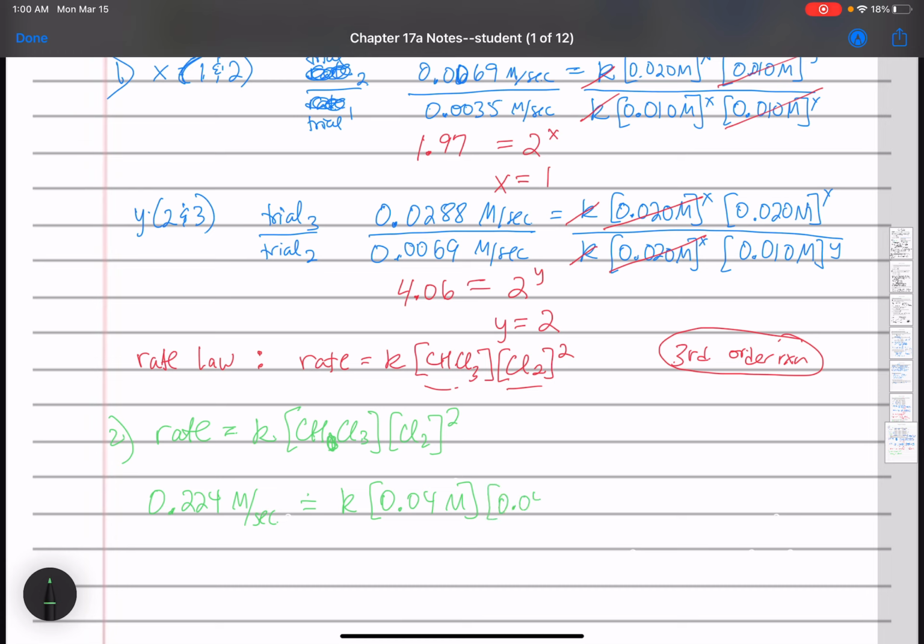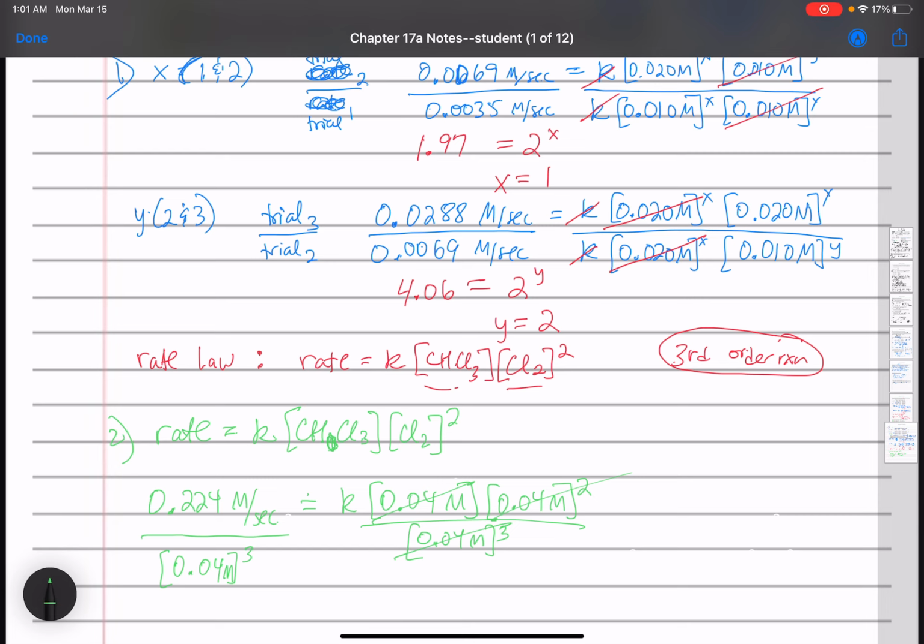So I'm going to plug in those concentrations here, square that one. All right, and now I just solve for K. So I'm going to divide both sides. Essentially, what I have is 0.04 to the third power, because I have 0.04 times 0.04 squared. So 0.04 to the third power, molarity. All right, so that's going to cancel those out.